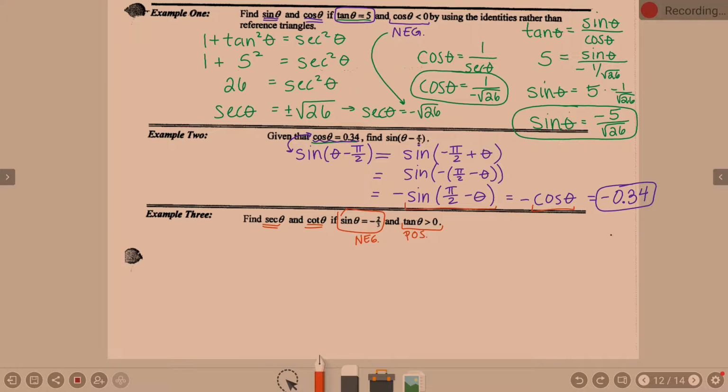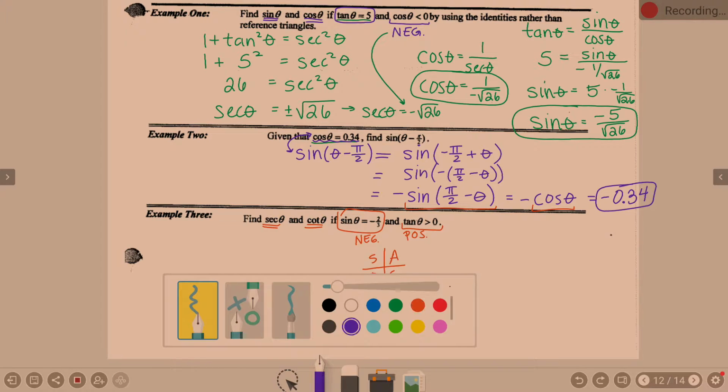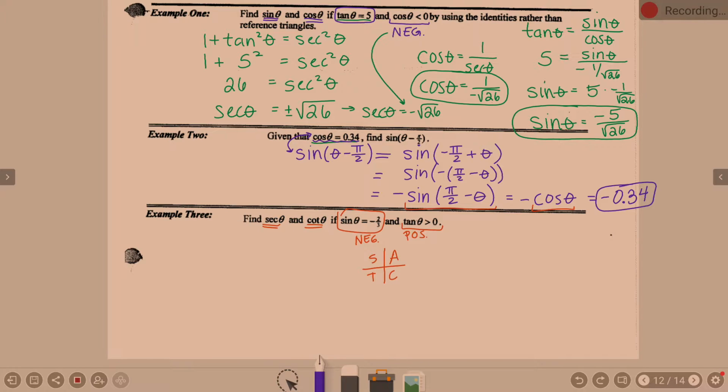I mean, we could even go ahead and talk about that. All students take calculus. Tangent has to be positive. So if tangent has to be positive, that gets rid of sine and cosine quadrants. Sine is negative, so that gets rid of all. So we're going to be down there in the quadrant where tangent is positive and cotangent is positive, but everybody else is negative.